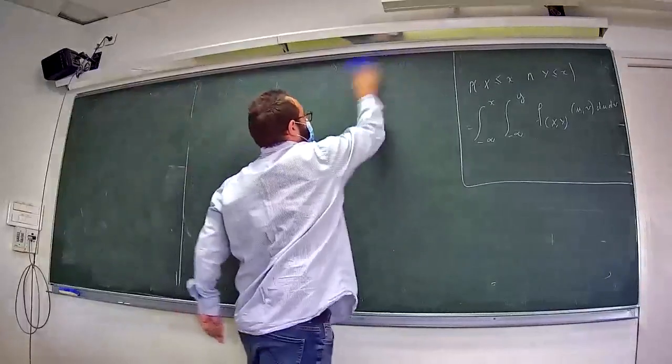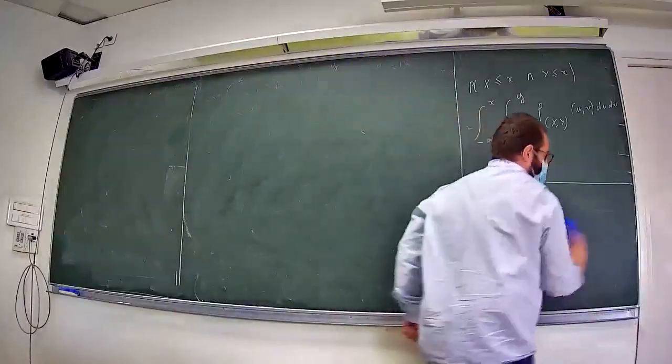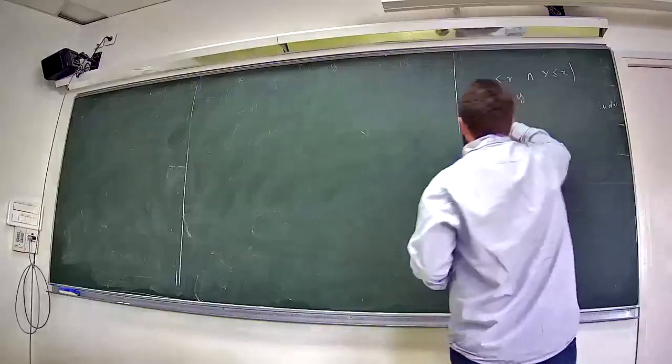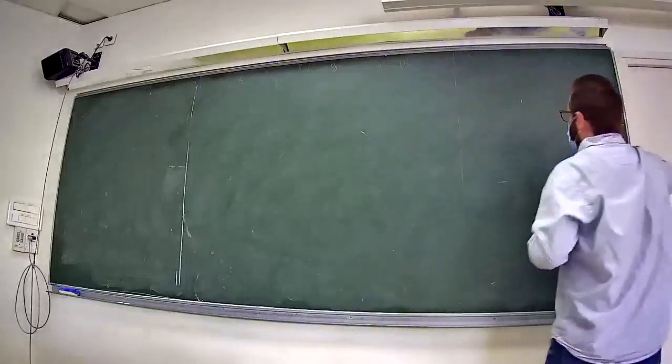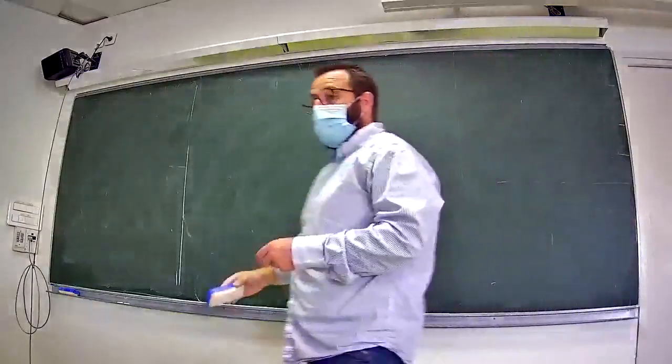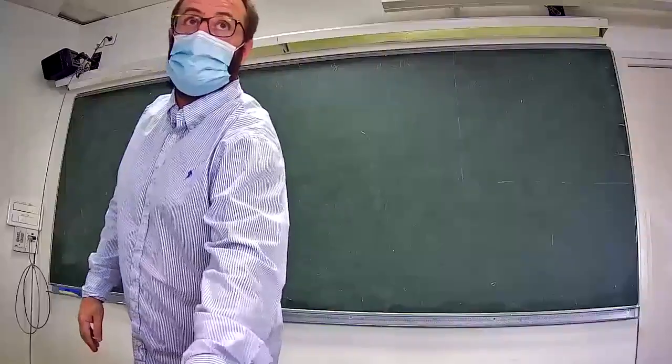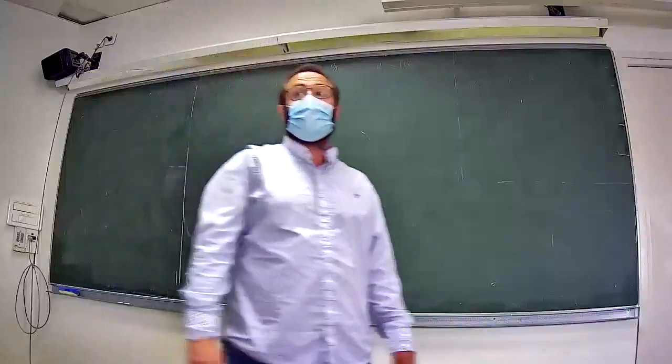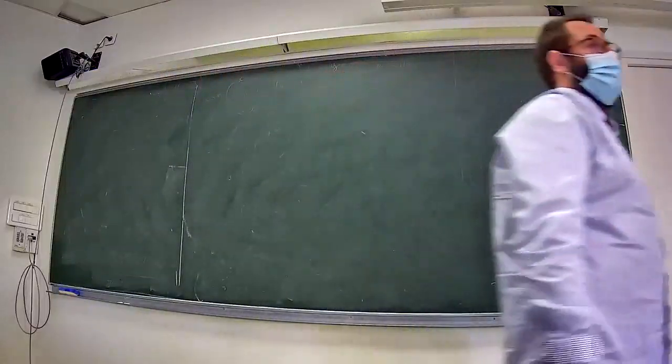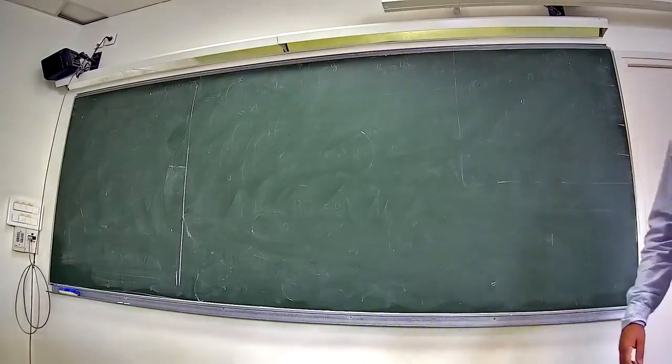And next session, in fact, I have two things to deal with. First, to tell you what is the analogue of expectation, variance and so on in the case of continuous random variables. Okay, you will see that I just change sums by integrals. All the properties will be the same.